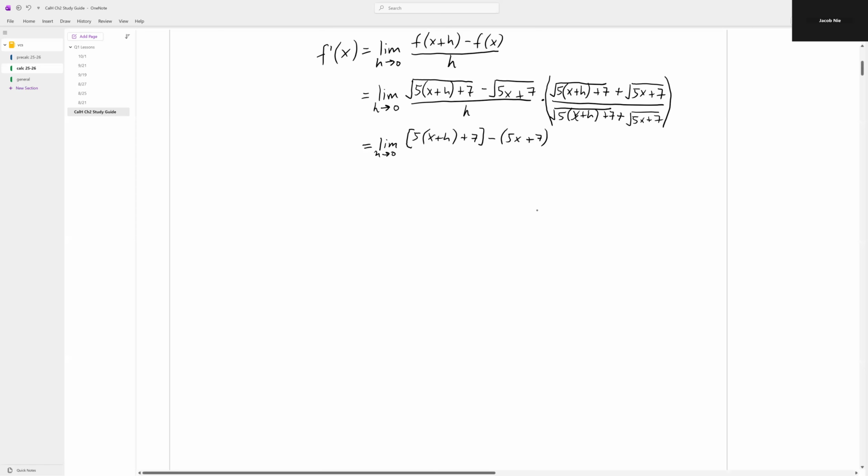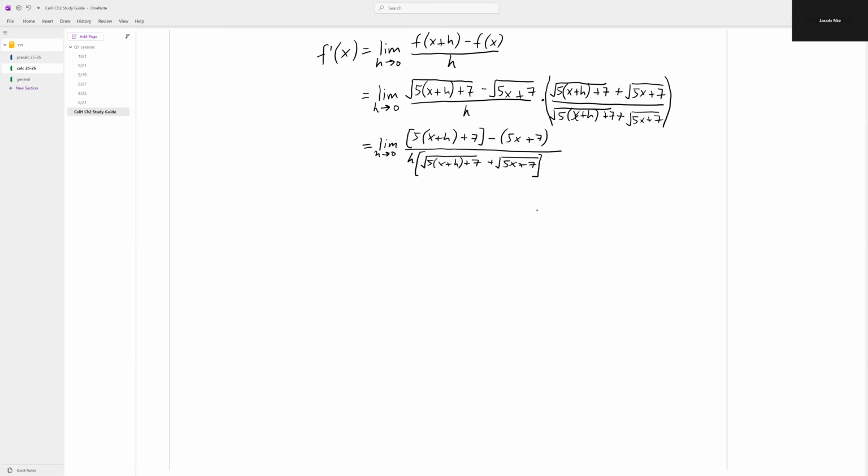And then the denominator is simply going to be h times what we multiplied on the right side. All right, so make sure you see how this is the case.